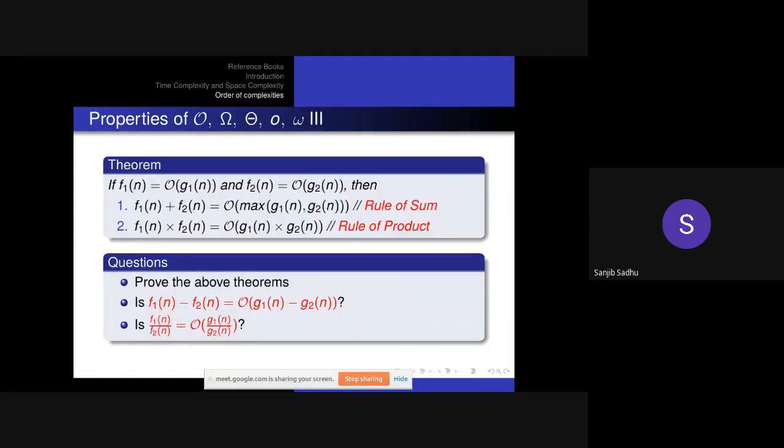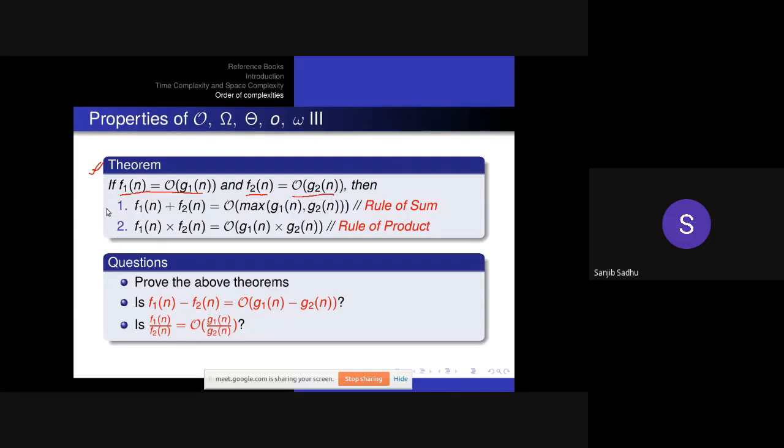Now, a very important rule for your problems, during the analysis part. There are the rule of sum and the rule of product. This is very important. Suppose a function f1n is big O of g1n, and another function f2n is big O of g2n.